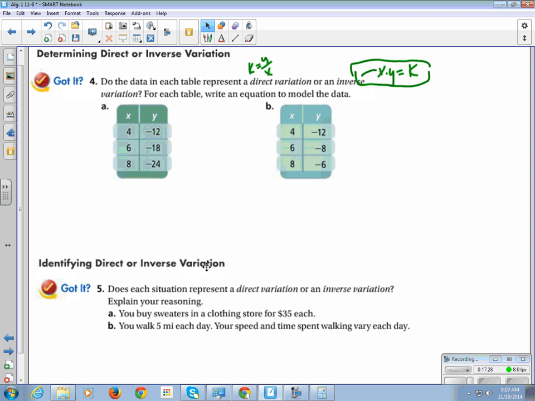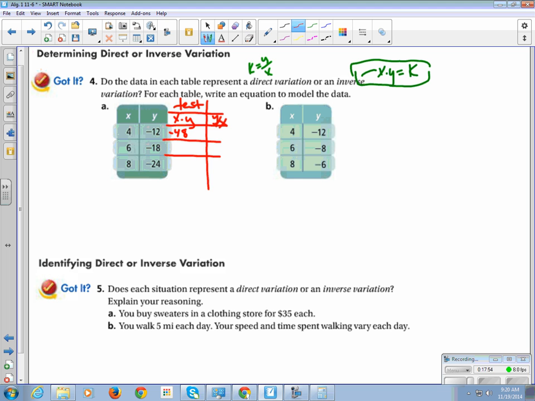So let's test this. If our inverse test doesn't work, then we will go to the division part. So we're going to go 4 times negative 12 is negative 48. 6 times negative 18.